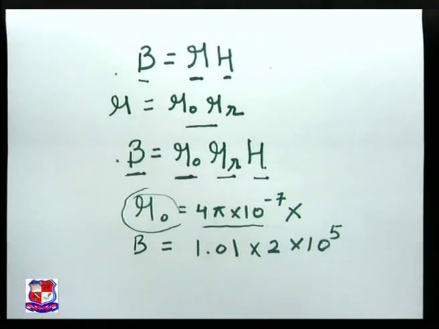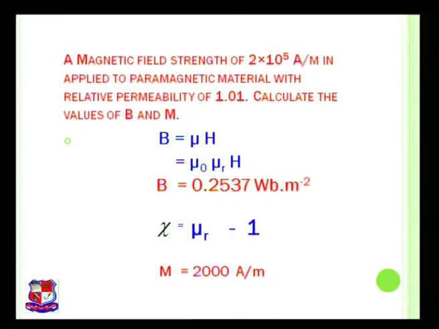So let us move towards our slide. Here the next point represents susceptibility. Susceptibility is equal to mu r minus 1. Now we want to find out the values of B as well as M. How can we find them?